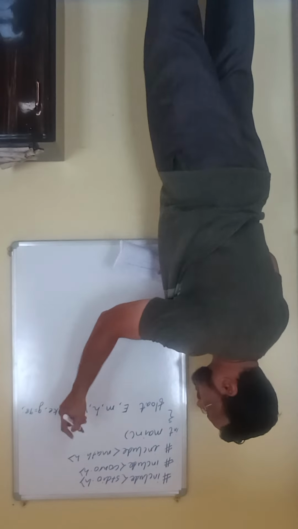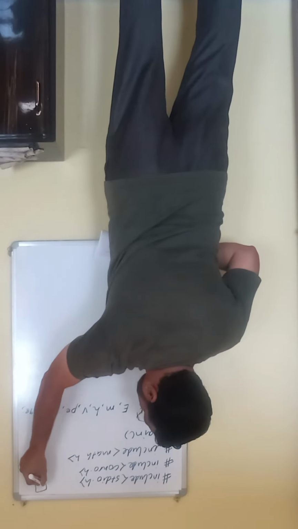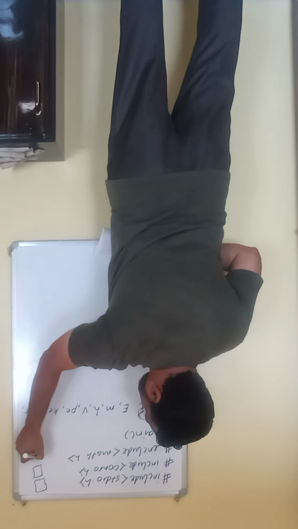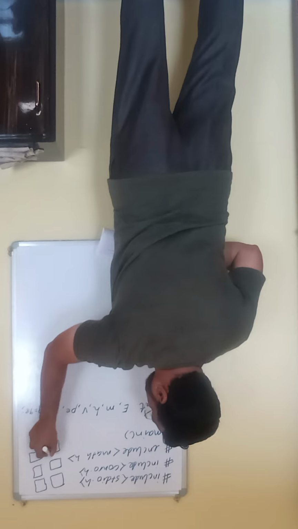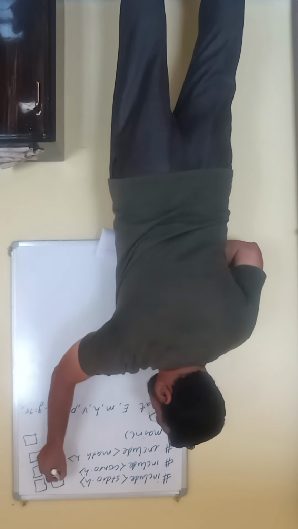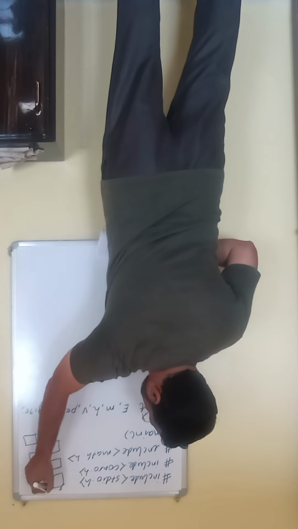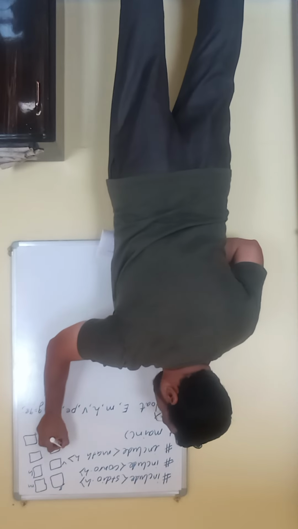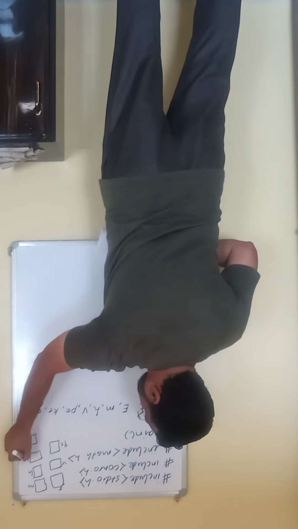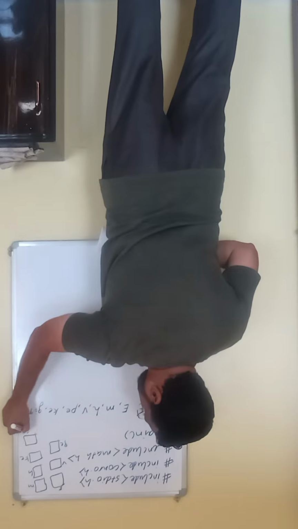This particular statement will create some variables, some blocks like this. Okay, so some blocks will be created. This will be E, this will be M, this will be H, this will be V, this will be potential energy, this will be kinetic energy, and this will be gravity.